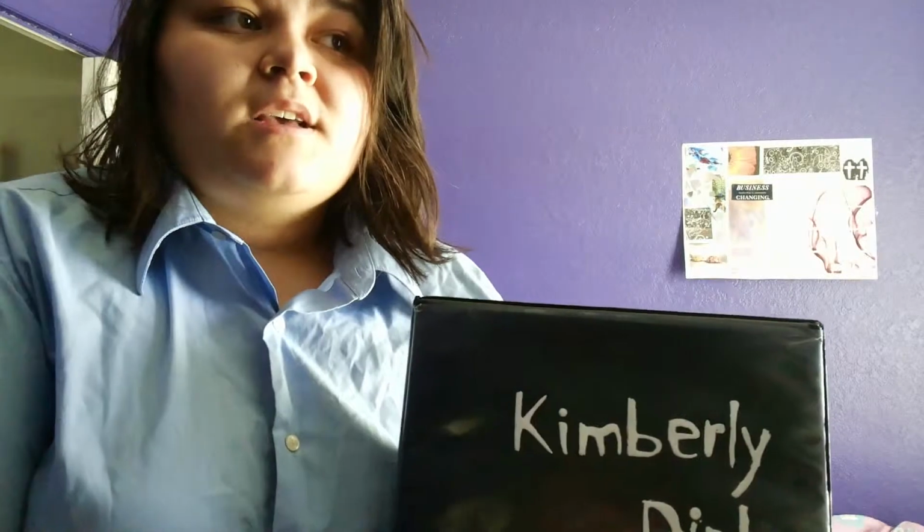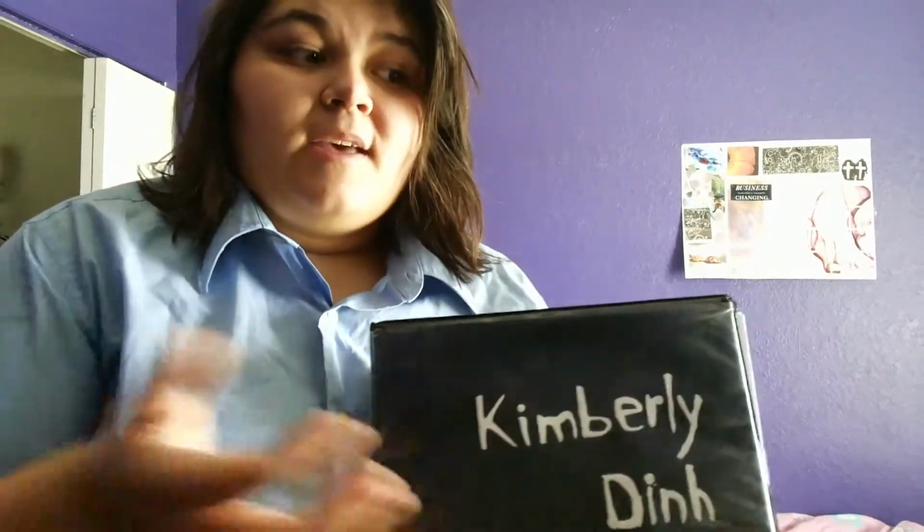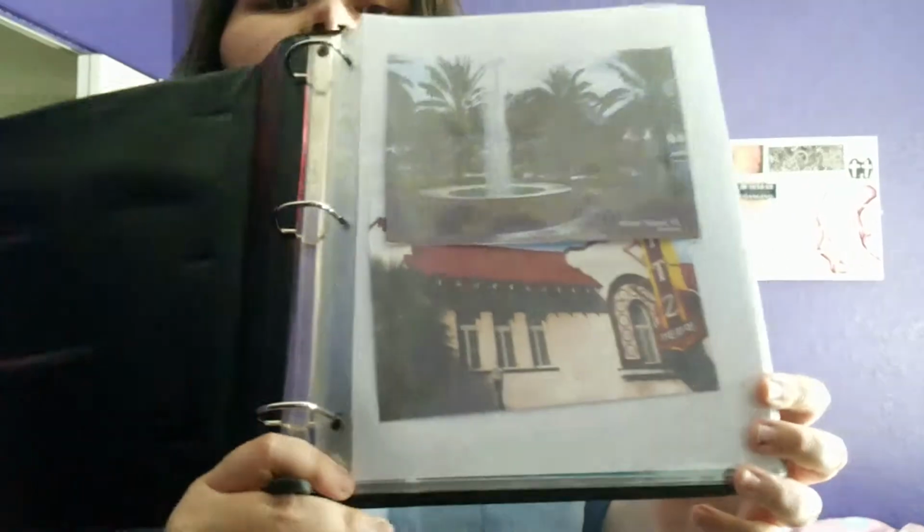So then I wanted to start off strong, but I didn't want to show my strongest piece because you don't want to show your strongest piece and then everything else looks mediocre next to it. So I started off strong, and I believe that my photography is pretty well executed.